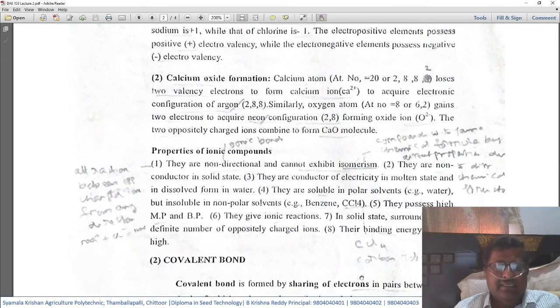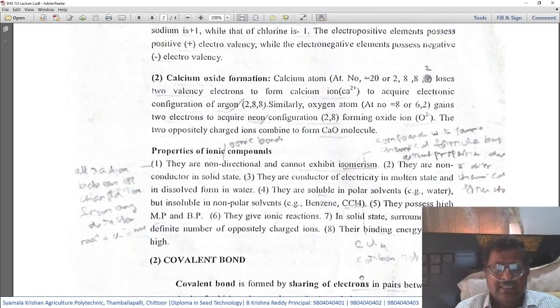And at the same time, they are non-directional. What it means is the attraction between these oppositely charged ions is from any direction. There will not be any specific direction. This is property number one.